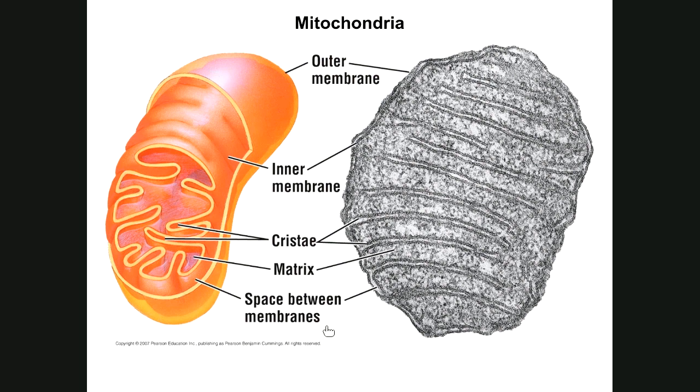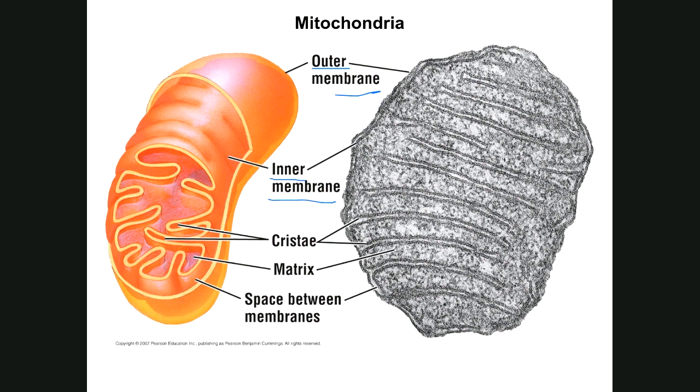Next organelle is the mitochondria. We're going to visit the mitochondria in chapter 6, so make a note of that. For now, the mitochondria is a membranous organelle, but it has two membranes. It has an outer membrane and an inner membrane.